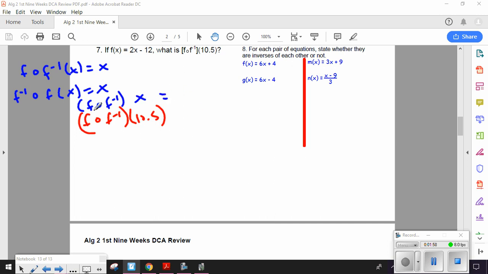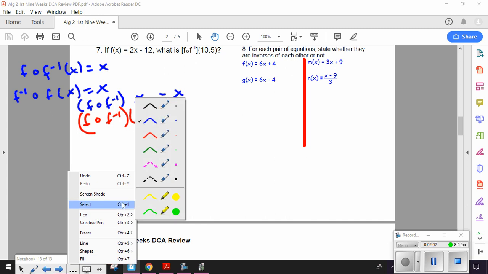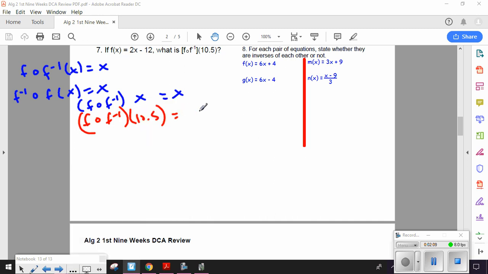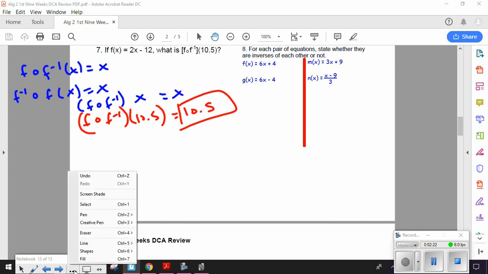So if f composition f inverse of x equals x, that means f composition f inverse of 10.5 is going to equal 10.5. So it is made to be a simple problem, but if you don't make that connection right away, then the problem ends up going to be a lot more work for you. So try and remember this, please.